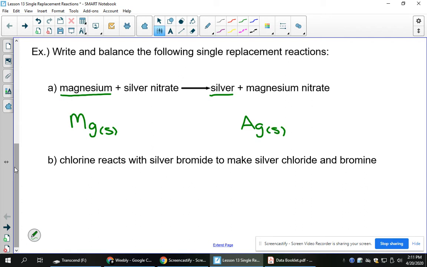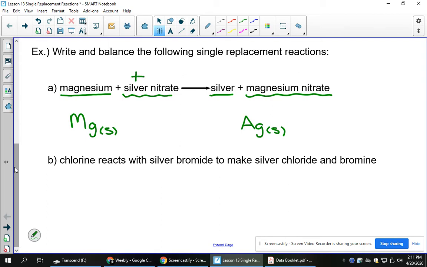Now, we have two compounds. These are ionic compounds. I know that because the first thing is a metal and the second thing is a bunch of nonmetals. So if I'm writing ionic compounds, I need to know the charges. I'm going to my periodic table and I found that silver is a charge of +1.